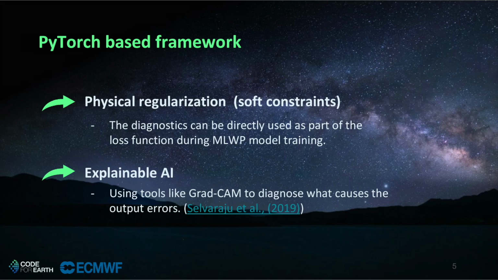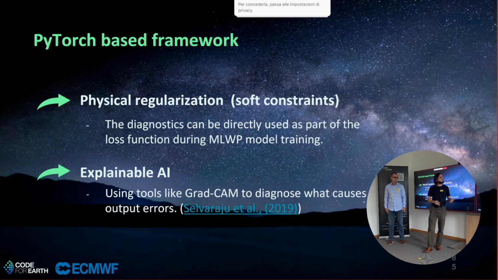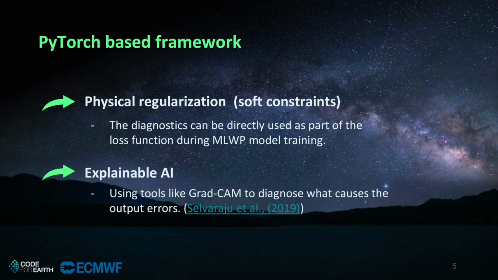So why did we choose PyTorch? Because it required us to implement a few things from scratch, but it provides a few advantages. The first one is that it can be directly used during the optimization of the models, where it acts as a physical constraint or physical regularization, improving the models in this area.